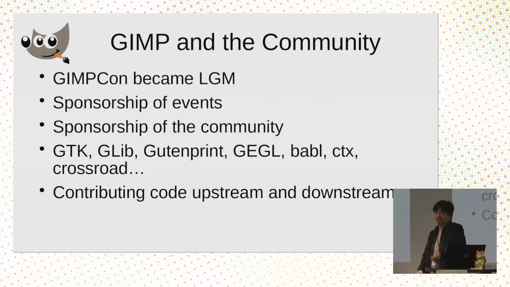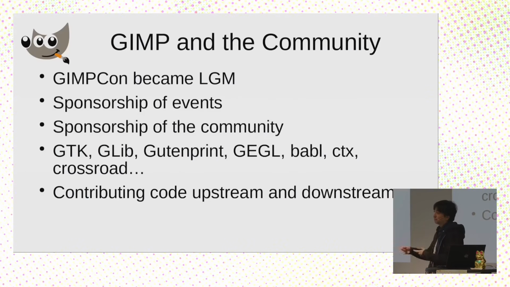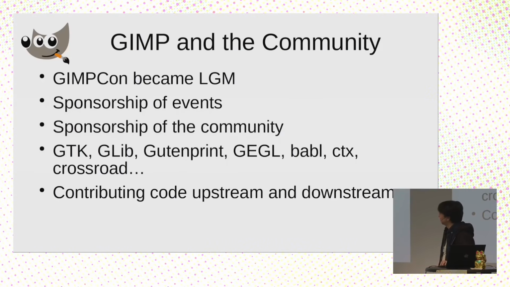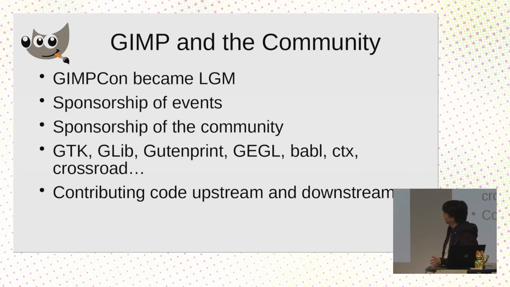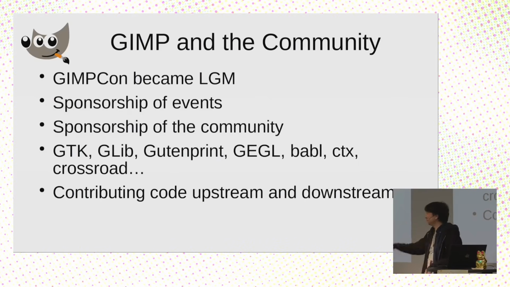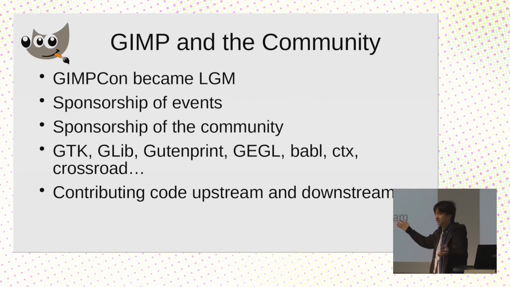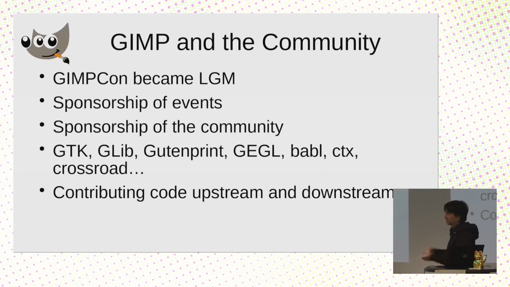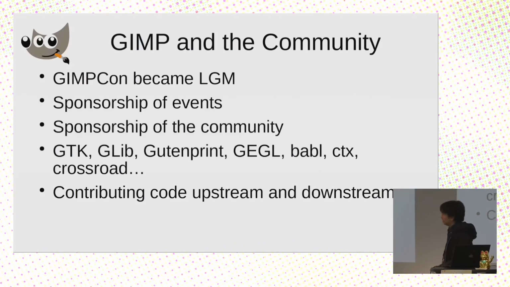GIMP sometimes funds people from other projects to come to Libre Graphics Meeting. One year we funded a MyPaint contributor's world trip, and we often reimburse some of the other projects' contributors. Another big thing is that we really contribute code upstream and downstream, and we made a bunch of projects which are now used by many others, like GTK and glib, which came from my past core contributors who made all these projects.